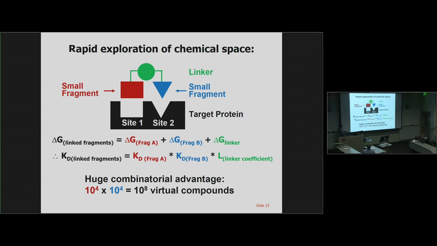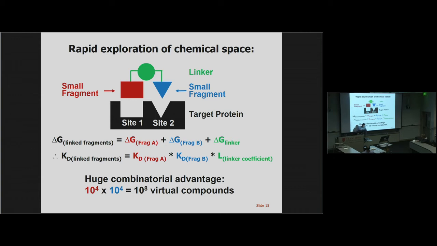So if you have a library of, say, 10,000 fragments that you're looking to bind to two sites on a protein, that's essentially the equivalent of a library of 10,000 fragments linked to 10,000 fragments, or 100 million molecules, basically the size of the worldwide screening collection with just 10,000 fragments.